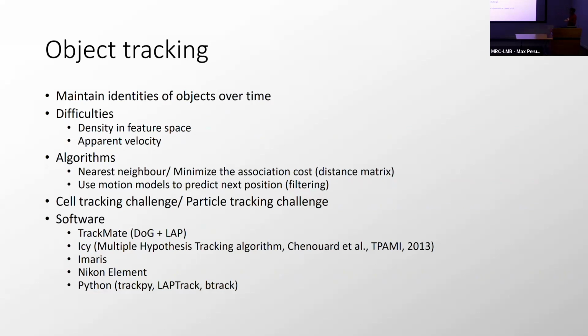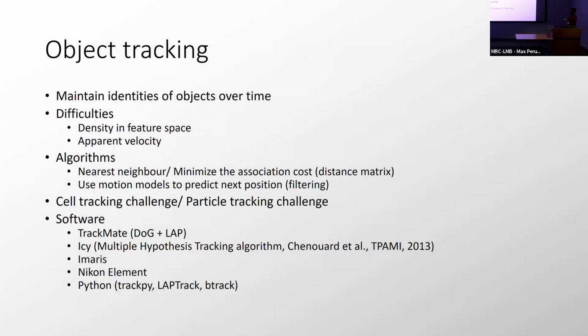Another approach, which can be combined with this, is to have a motion model to predict the next position. You basically say, I've been going in this direction before, so next step I go in this direction. So I predict I'm going there, and then you minimize the cost matrix, the distance between the prediction and the measured position in the next frame.